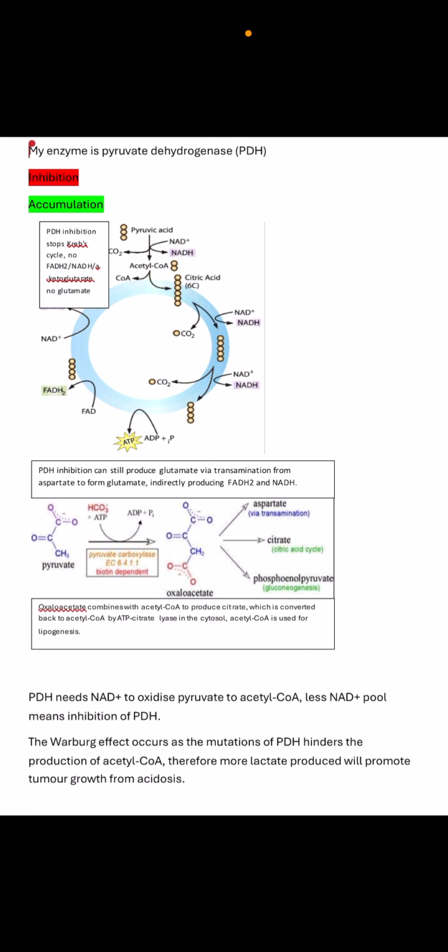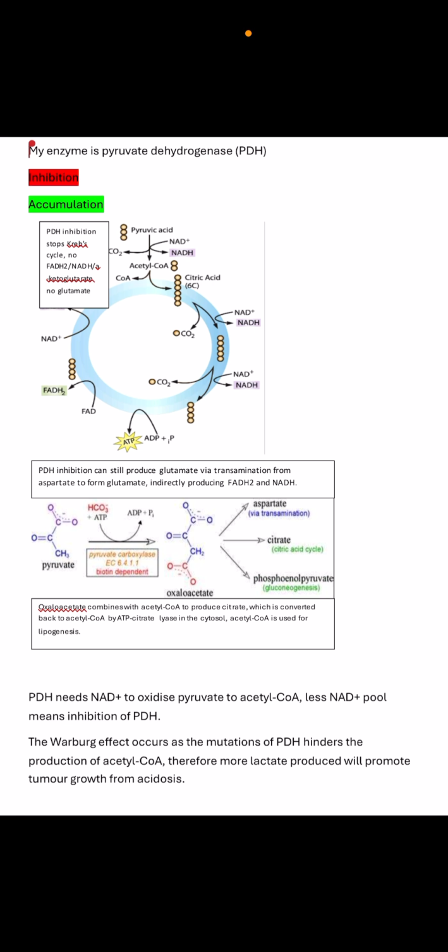Mutations in the target enzymes found in cancer. This occurs due to the Warburg effect. So because there's a mutation of PDH, which is often due to an overexpression of pyruvate dehydrogenase kinase, it reduces the PDH activity and it increases the reliance on glycolysis, as there is less reliance on oxidative phosphorylation because the Krebs cycle is essentially being inhibited.